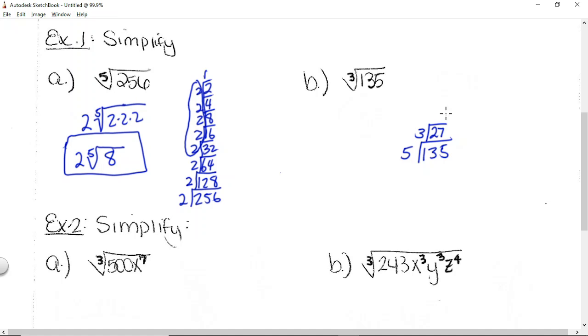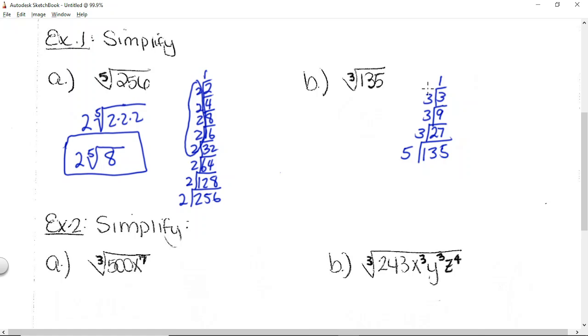Okay, so 27 divided by 3 is 9. And the prime factor we have to use for 9 is 3. And 9 divided by 3 gives us 3. And then we can only use 3 there. And we got our candle on top. 3 divided by 3 is 1.